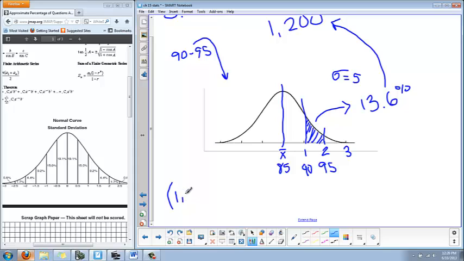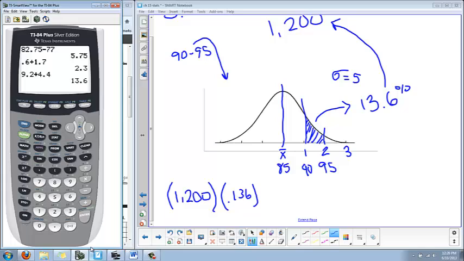I take 1,200 total students, and I need to figure out how many students are 13.6%. And if I'm going to write 13.6%, I need to write it as a decimal. So 0.136. And I'm going to multiply those numbers together in my calculator. 1,200 times 0.136. Hit enter.